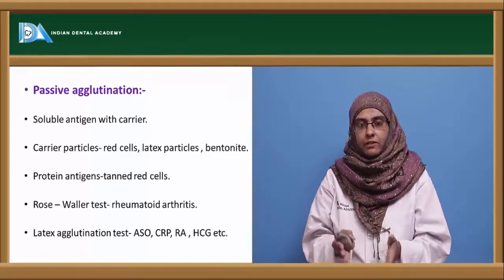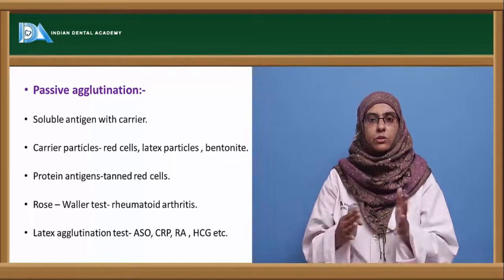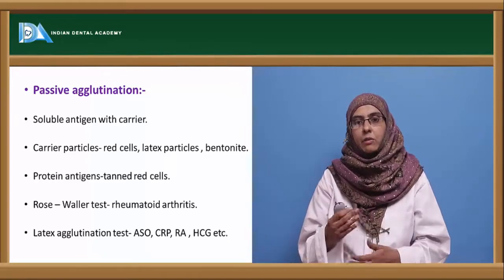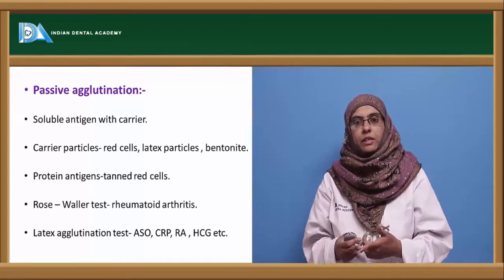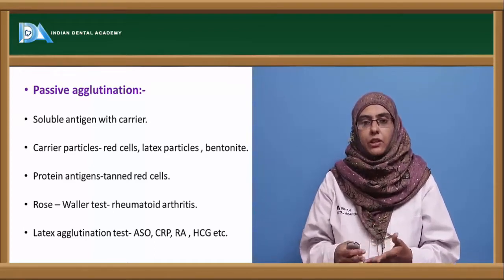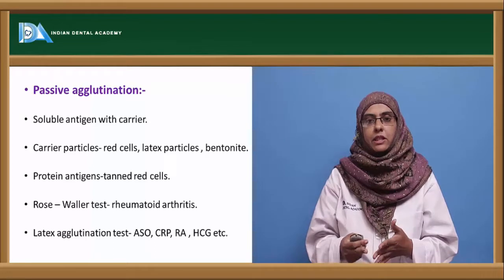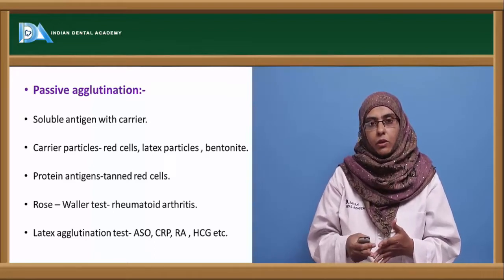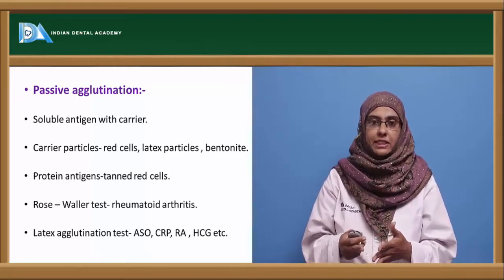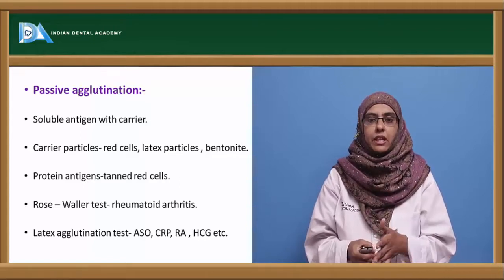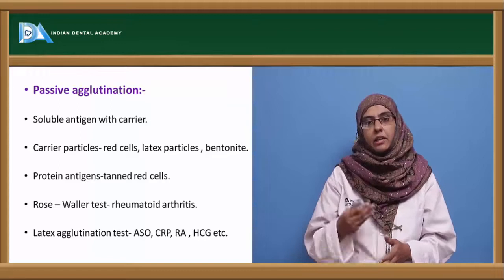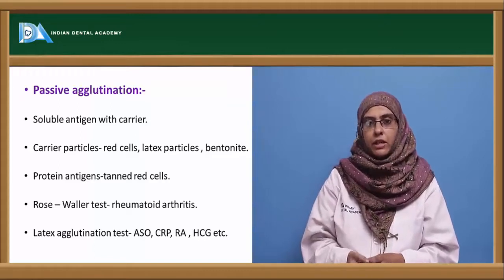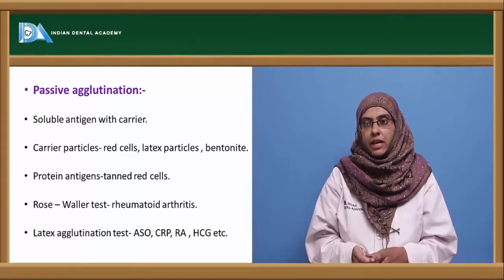For converting the soluble antigen to a particulate antigen, certain carrier molecules are mostly used. They are the RBCs, which can be human or sheep RBCs, or you can make use of latex particles, which are polymeric molecules that are artificially synthesized, or certain chemicals called bentonite. So the soluble antigen with a carrier molecule converts itself to a particulate antigen and can be used for the detection of antibodies.